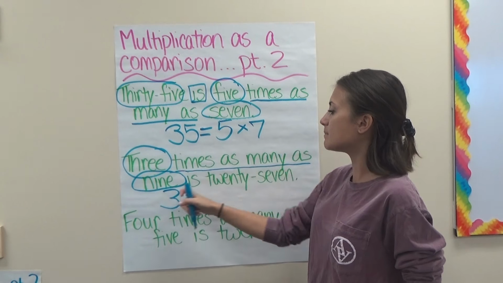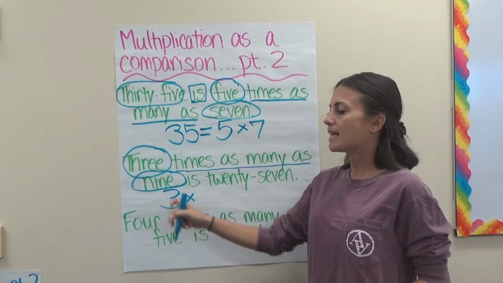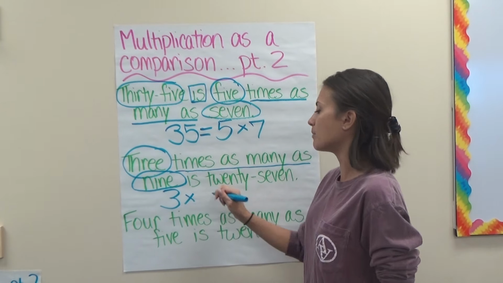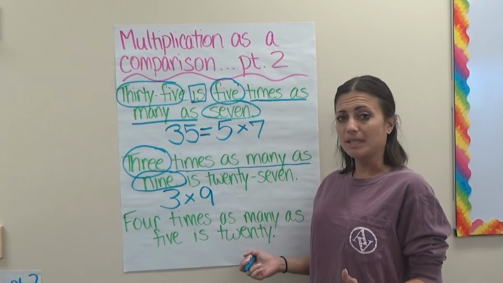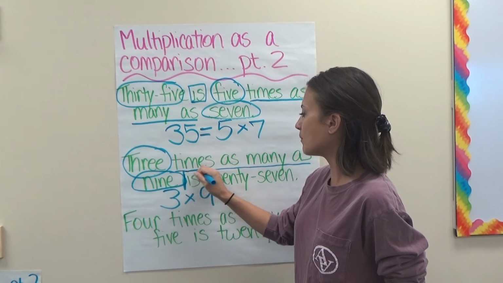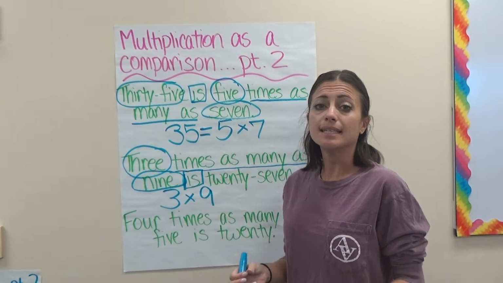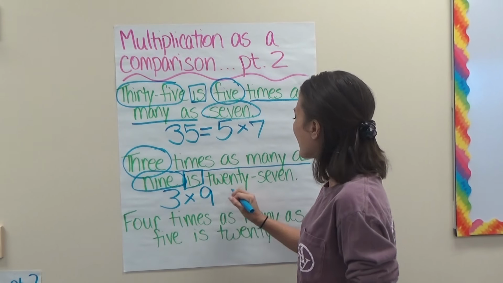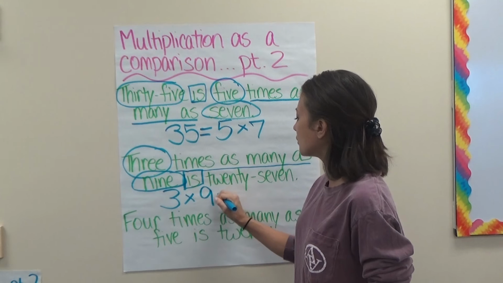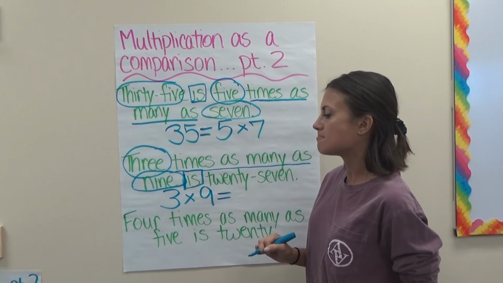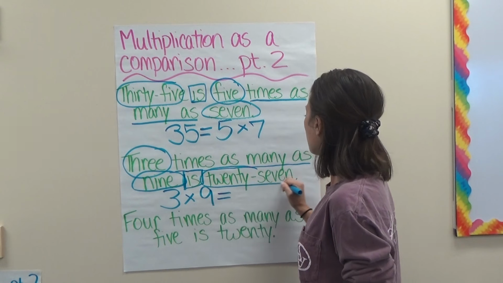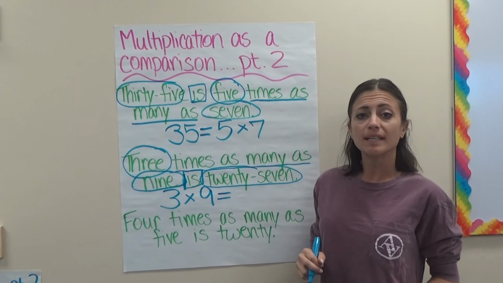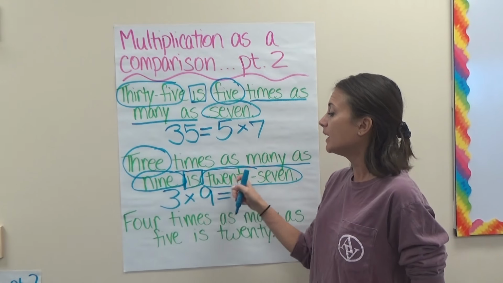Next I see another number, 9. 3 times as many as 9. So that means 9 is my set size, and that's the next number I'm going to write down. My next piece, the word is. Remember we said the word is equal to our equal sign. So whenever I see the word is, I'm going to replace it with an equal sign. And the last piece of my puzzle is another number, but in this case it's a big one, 27. That's the biggest number I have in my equation.